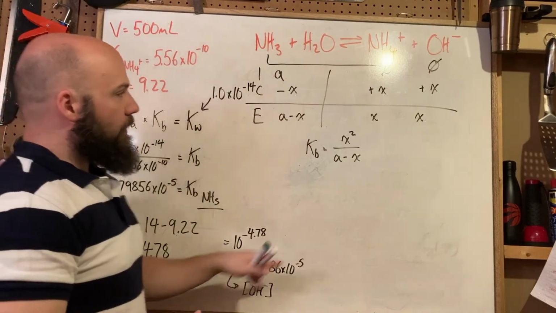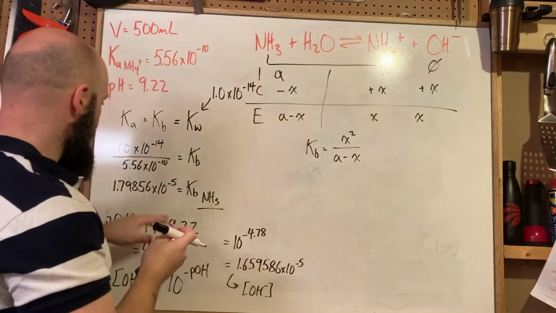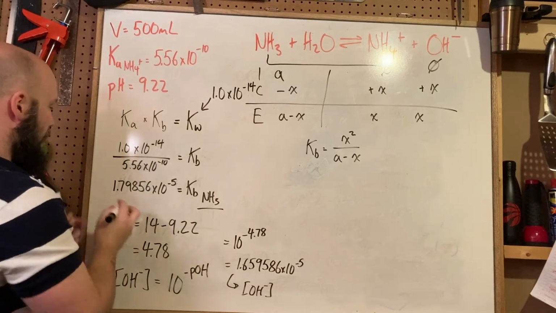Your concentration of OH is equal to your X. Your Kb is what we found here.